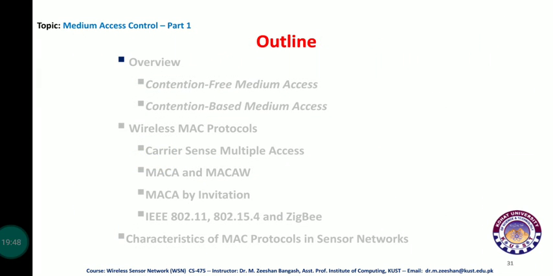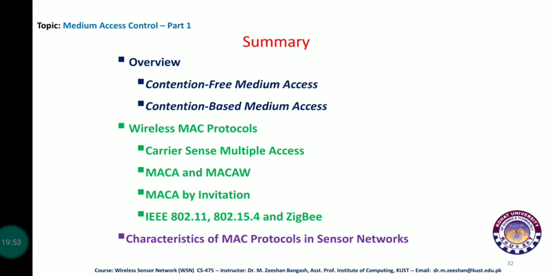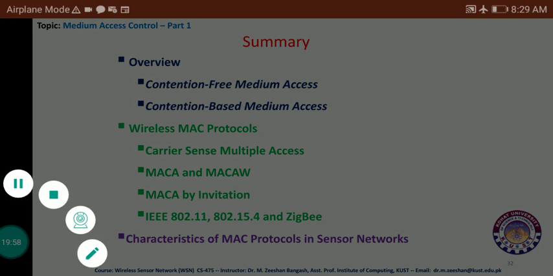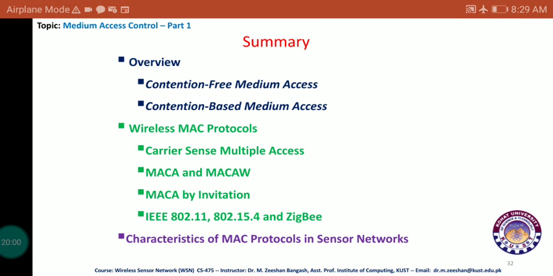These are the outline points we have discussed in detail about medium access control in wireless sensor networks. We discussed the two different types of medium access, contention free and contention based, and some categorization, along with different concerns and operations of wireless MAC protocols. These include carrier sense multiple access, MACA and MACA-W, and then a different flavor, MACA by invitation.